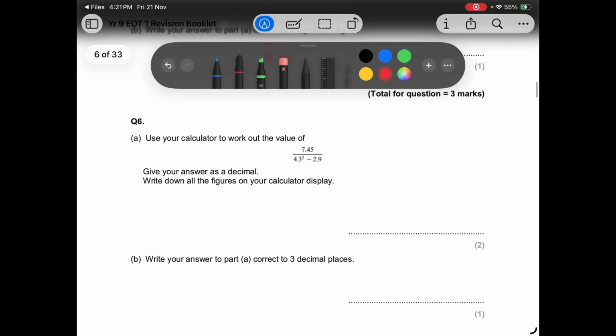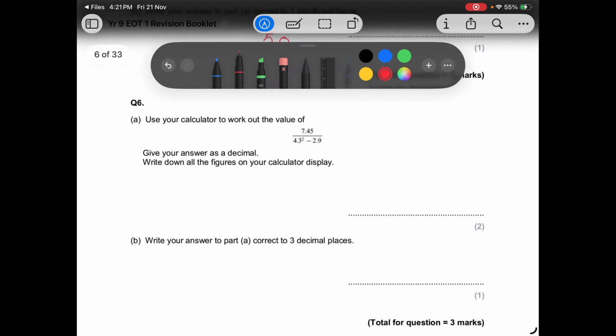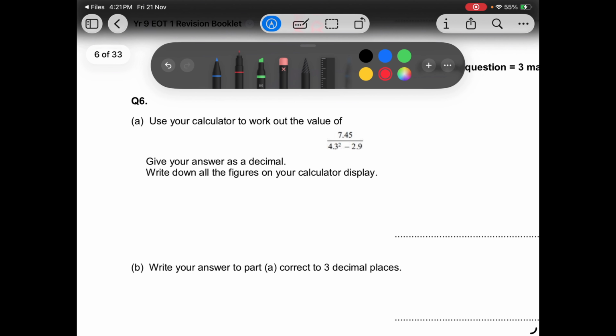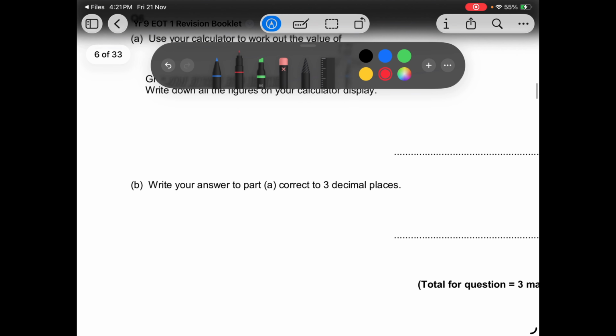Next, also use your calculator to work out this, and then give your answer as a decimal, and then write down all the significant figures in your calculator display.